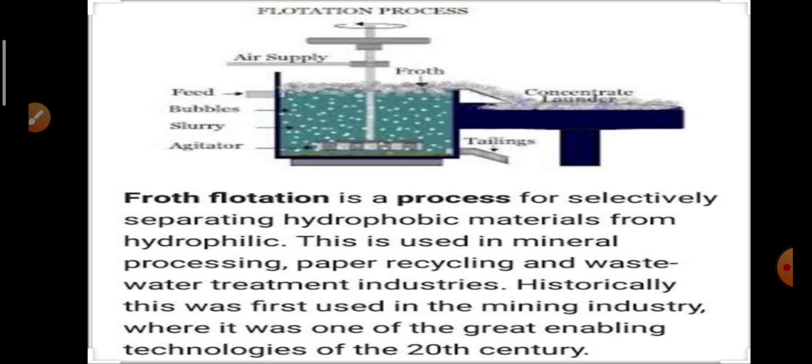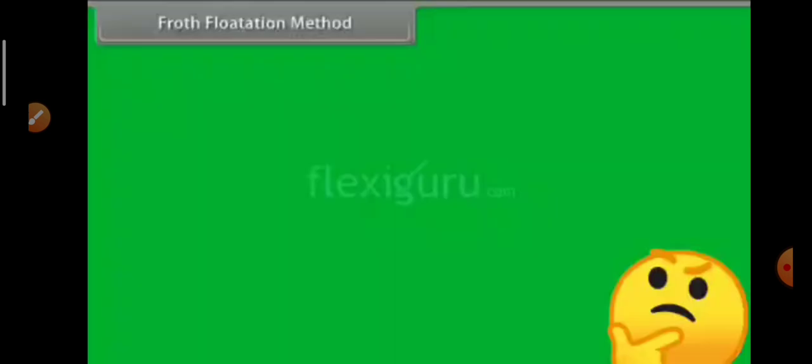This is used in mineral processing, paper recycling, and wastewater treatment industries. Historically, this was first used in the mining industry, where it was one of the great enabling technologies of the 20th century. Let's see the method.